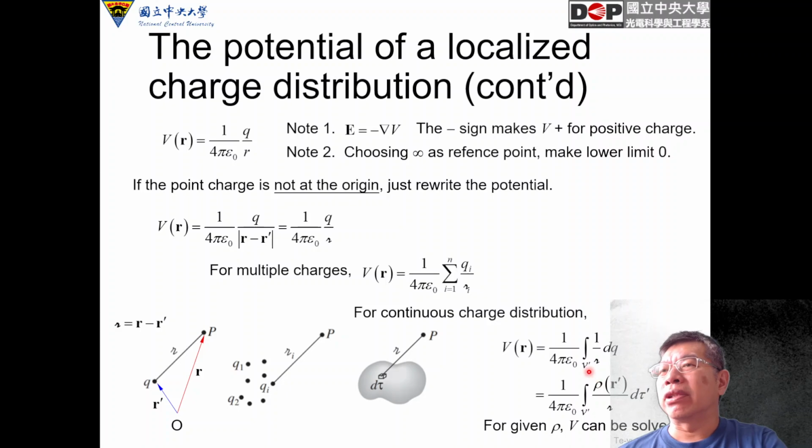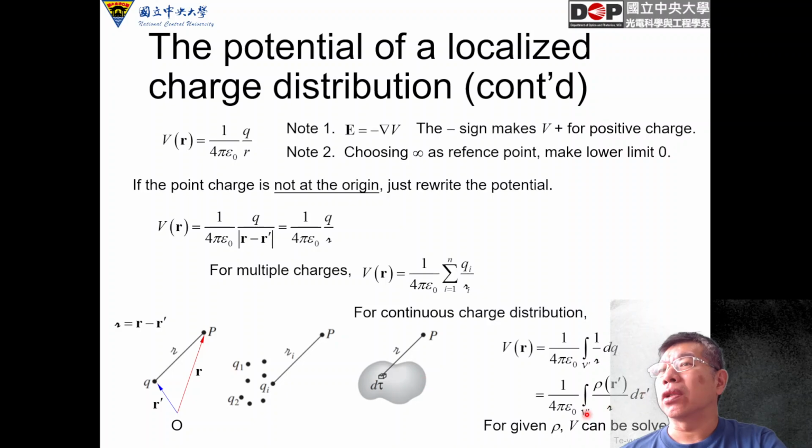And the prime is reserved for the source. So you have the charge distribution with the charge density at that particular location. We write the charge density as a function of the location using the prime because it describes the source. How much potential contributes to the point of interest is just the sum of them together, in exactly this form, but using integration and the prime to represent the source.